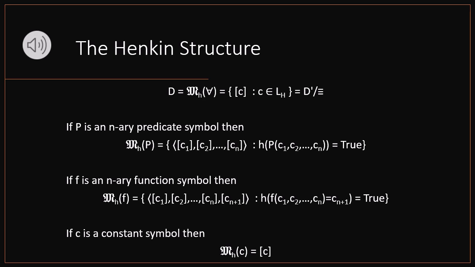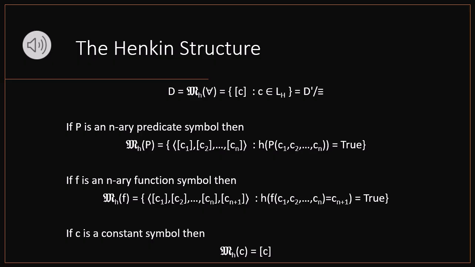Now, remember, for a structure, we have to interpret the predicates, the functions, and the constant symbols. And once we do that, that basically identifies our structure, and it tells us which sentences are satisfied by this particular structure.